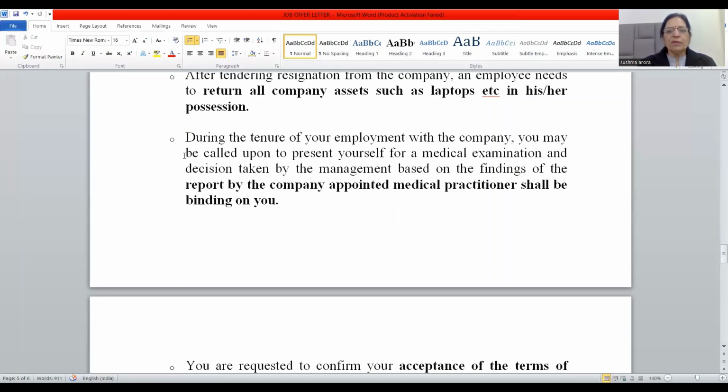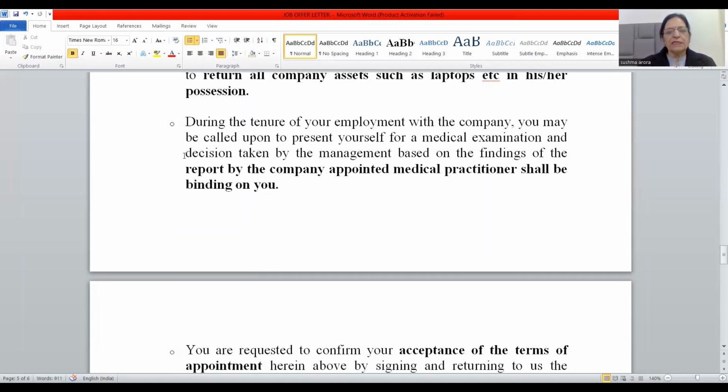During the tenure of your employment with the company, you may be called to present yourself for a medical examination, and the decision taken by the management based on the findings of the report by the company appointed medical practitioners shall be binding upon you. So of course, when any person joins a company and has to go for medical treatment, for that he will have to contact the company appointed medical practitioner.